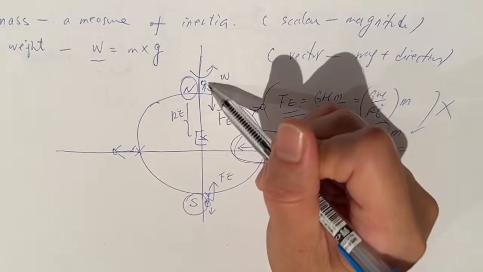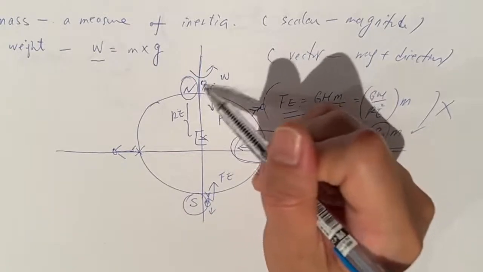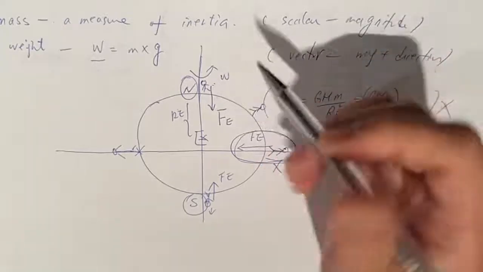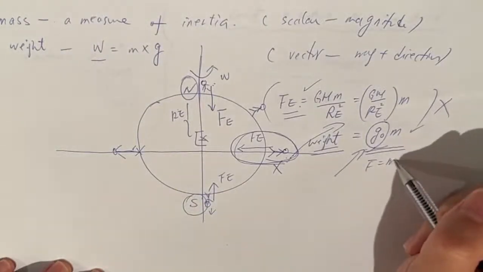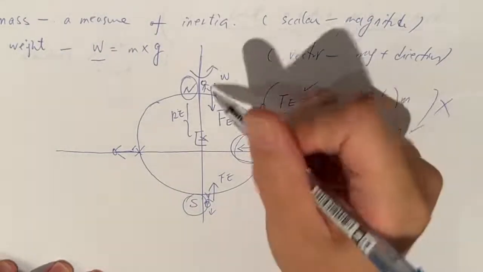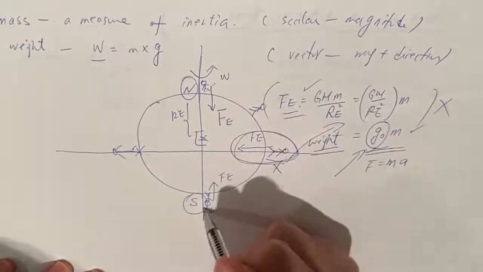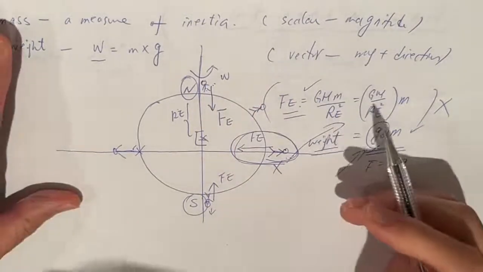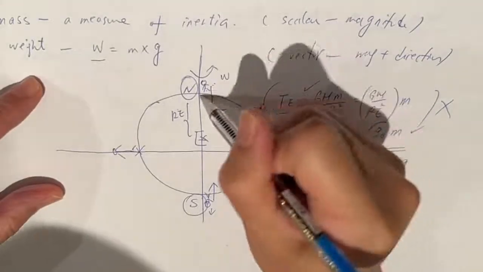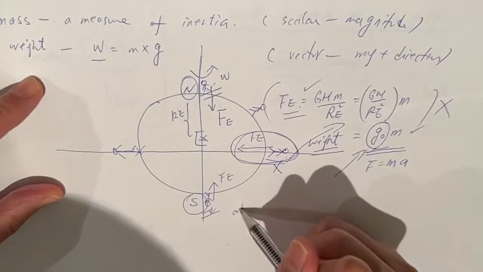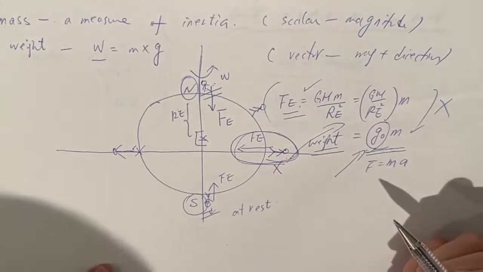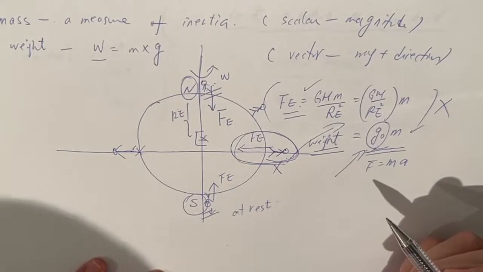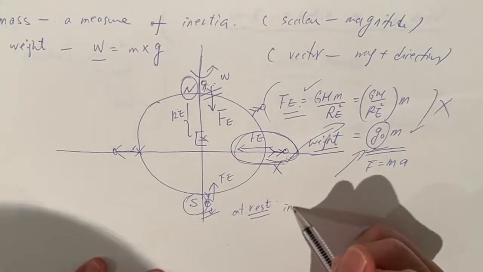So there will be no movement of the person at the North Pole. So the second law, F equal to ma, is valid for the person at the North Pole and the South Pole, because they are at rest, and it is an inertial frame.